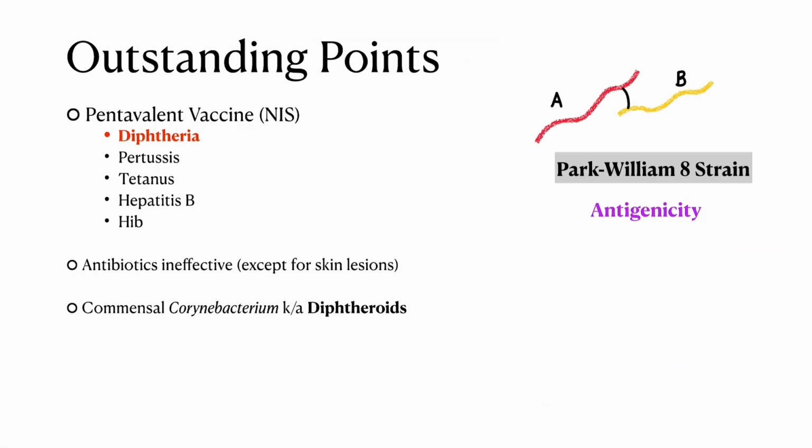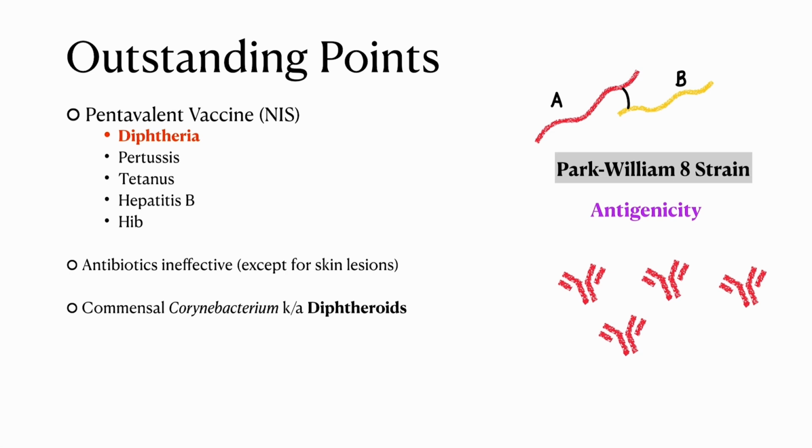Now, some outstanding points to note down here: the toxin of a special strain known as the Park-Williams 8 strain of diphtheria has very good antigenicity, and this antigenicity, as also stated earlier, is immensely harvested in the field of vaccination, because when this toxin is injected into humans, it causes production of antibodies against the toxin.